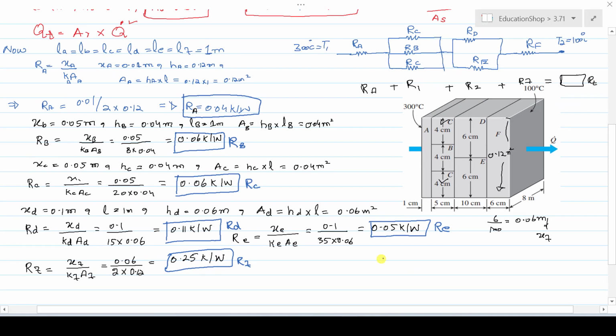So 1 divided by R1, that is our concern to find. 1 divided by RC, the RC value is 0.06, plus 1 divided by RB, where the value of RB is 0.16 Kelvin per watt.